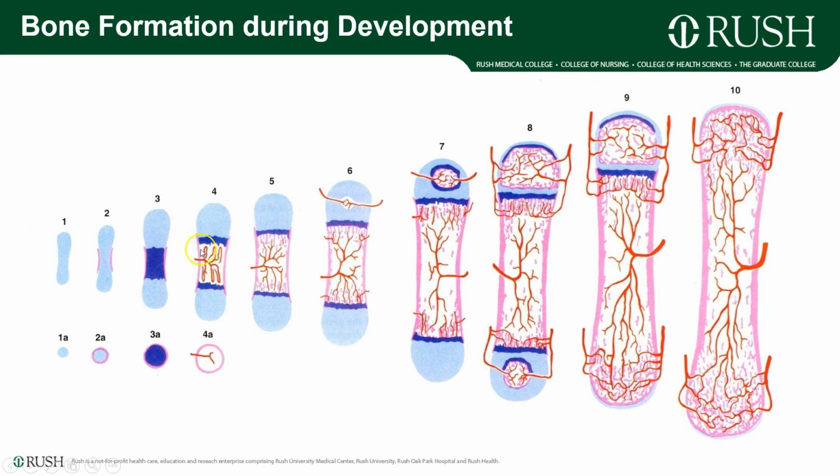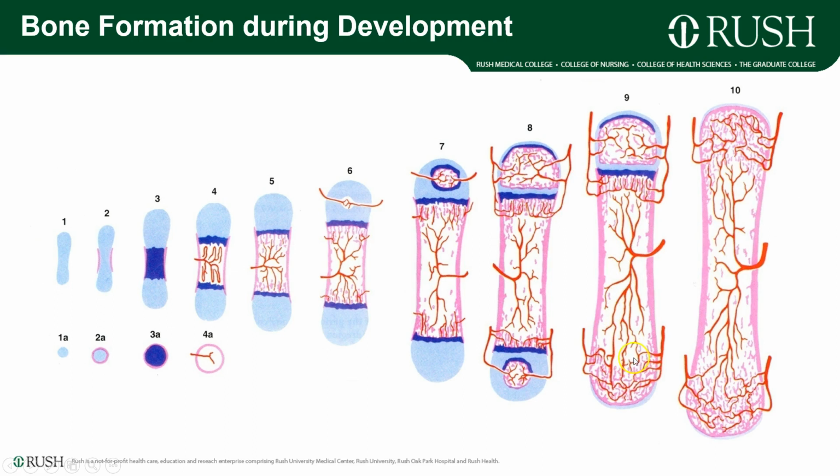So this invasion of blood vessels is referred to as the primary center of ossification, and eventually the ends of the bones, which are here, get invaded by the blood vessels as well, and they are referred to as the secondary center of ossification. One thing you notice here is that there is some degree of cartilage left in between the primary and the secondary centers of ossification, and this region is referred to as the growth plate, and that's where the longitudinal growth of the bone takes place, and we'll look at that a little bit later.